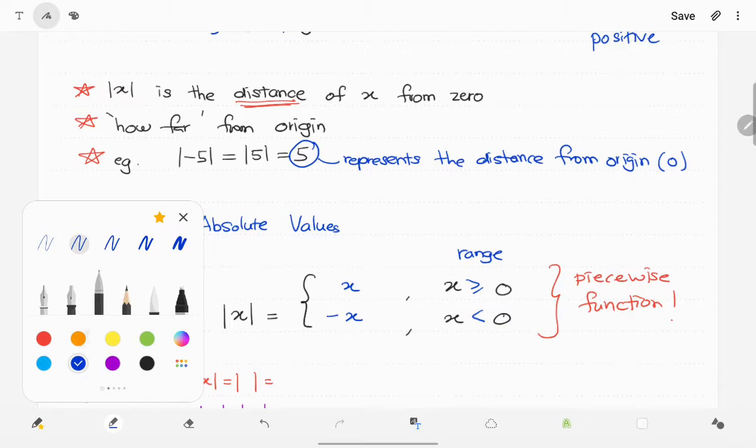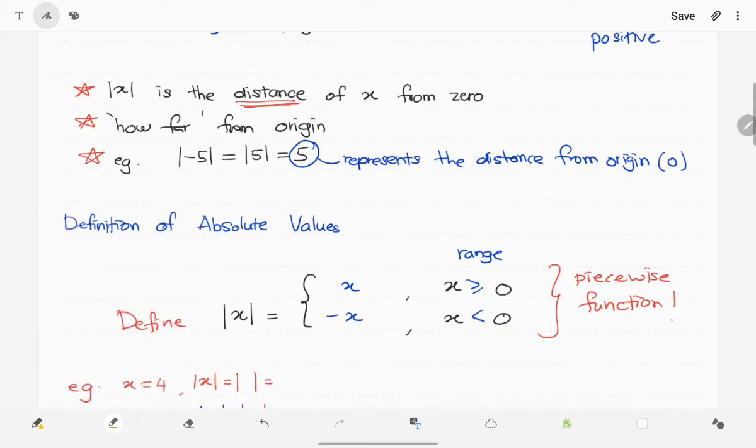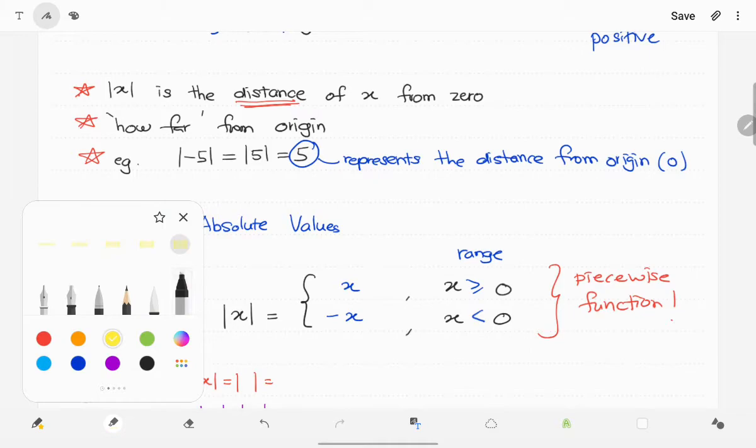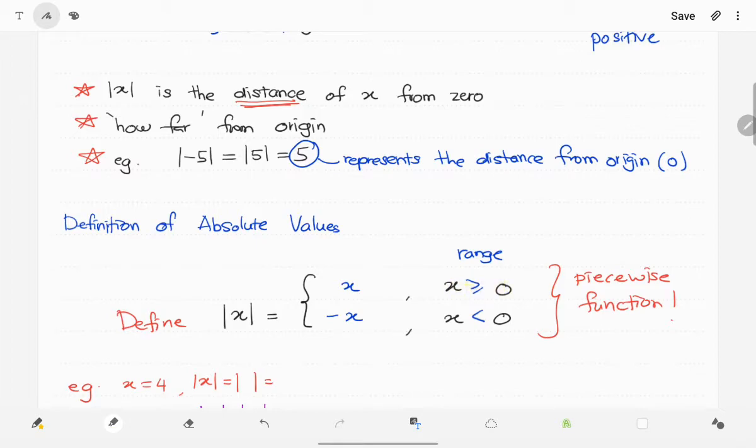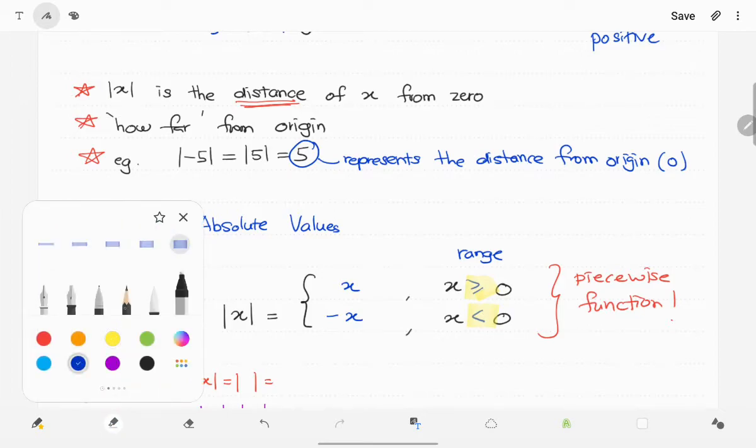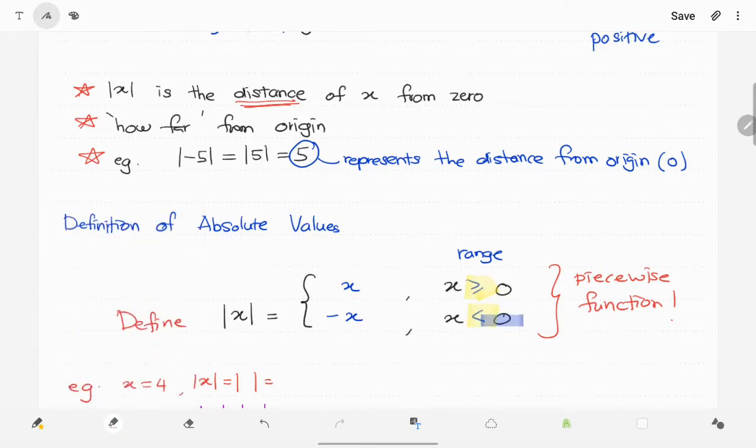Okay, I want to highlight something. Let me pick a color. Greater than 0, less than 0, greater than or equal to 0, satu lagi less than or equal to 0.